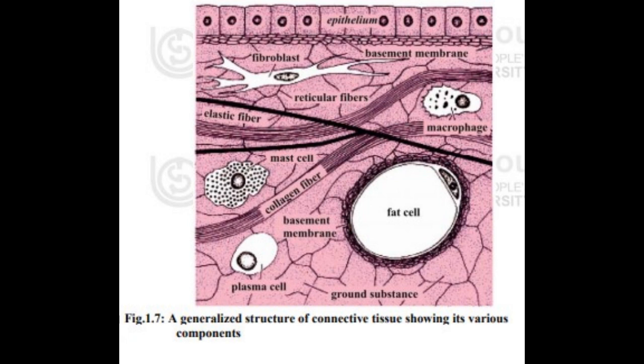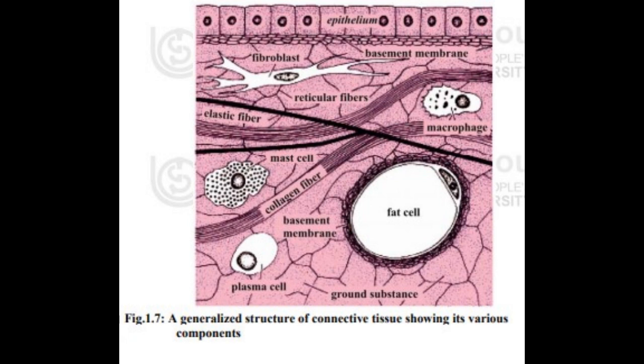This type of tissue also forms the protective layer over muscles, nerves, and blood vessels. The loose connective tissue is furthermore classified into 1. Areolar tissue, 2. Adipose tissue, and 3. Reticular tissue.